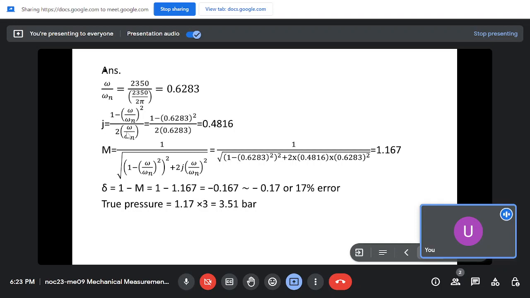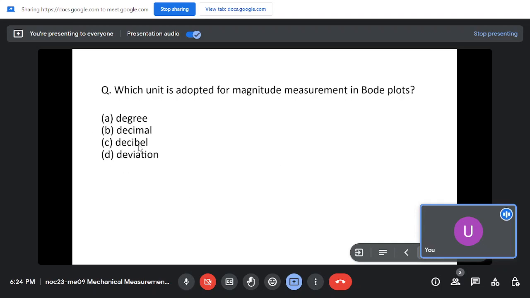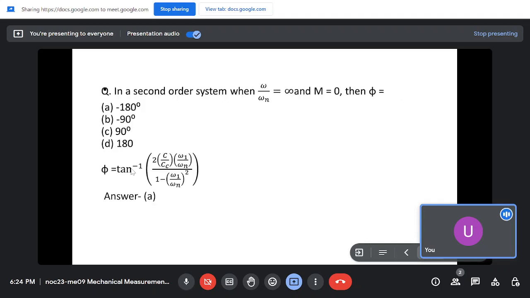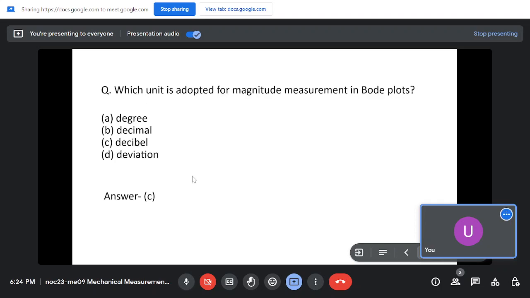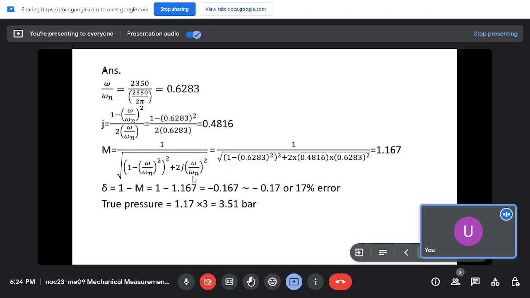From there, the phase angle expression is phi equals tan inverse of 2 times the damping ratio times omega by omega n, divided by 1 minus omega by omega n whole square. When we substitute phi as 45, tan 45 is 1, and we can find the damping ratio. With omega by omega n as 0.6283, we get 0.4816, which is the new damping ratio.